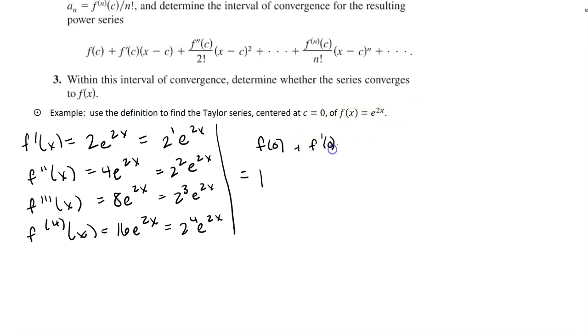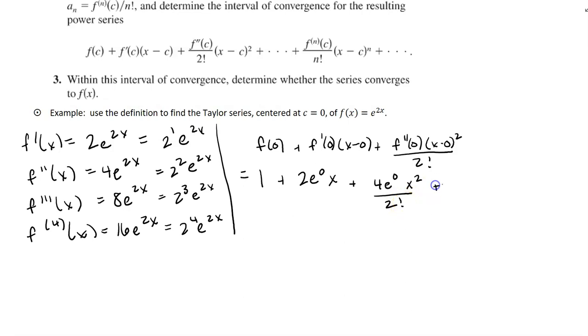F prime of 0 times x minus 0 divided by 1 factorial would be 2 e to the 0 times x. The second derivative at 0 times x minus 0 squared over 2 factorial is going to give me the 4 e to the 0 x squared over 2 factorial.